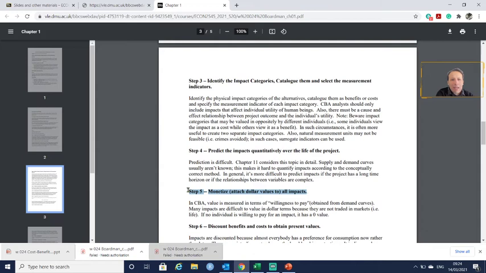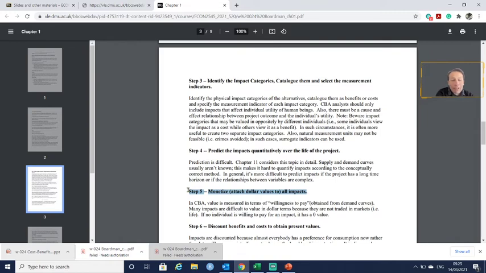So there are many impacts and categories that you just cannot trade in the markets. If no one is willing to pay for that impact, it has a zero value. So if we are talking about air, no one is willing to pay for air, so the value is zero, but the actual effect of pollution will cause a very damaging effect. So it's very difficult to monetize that.